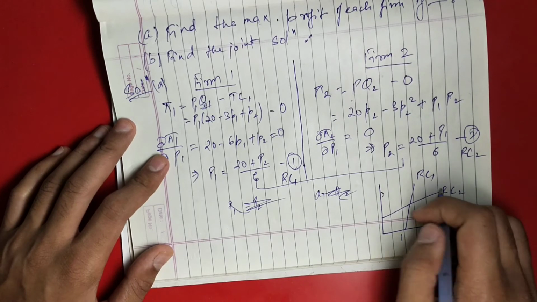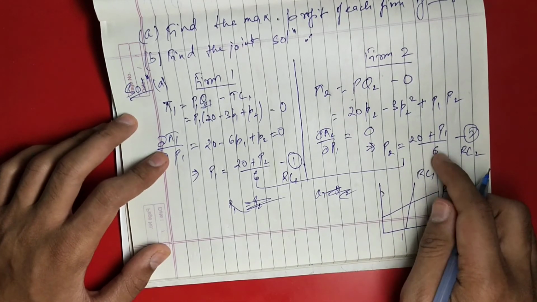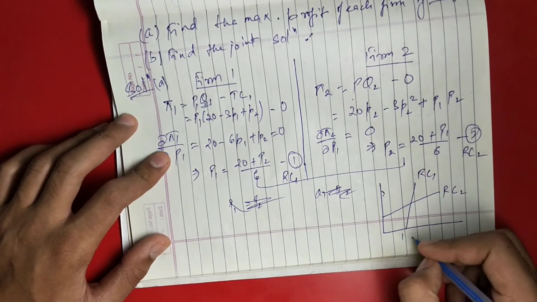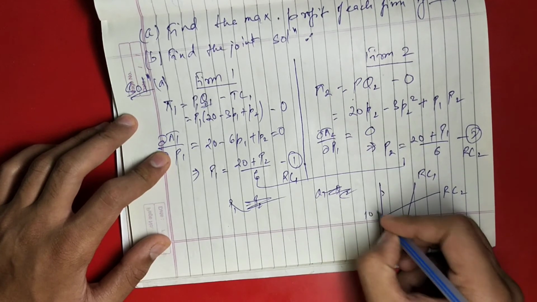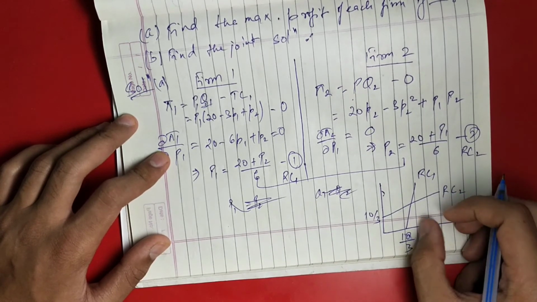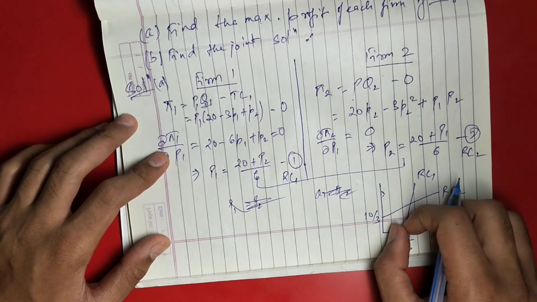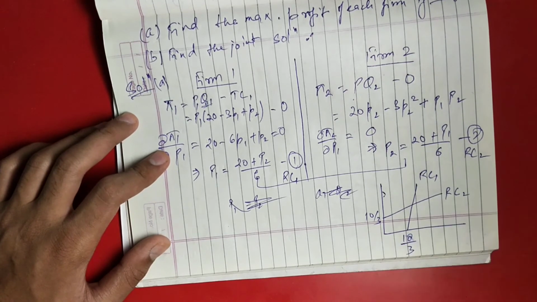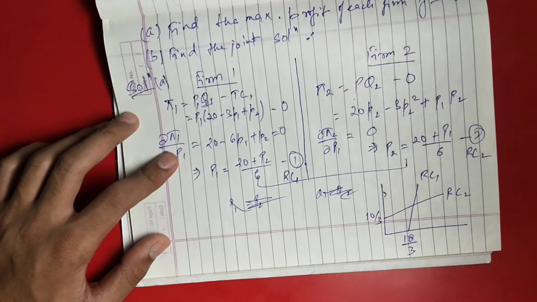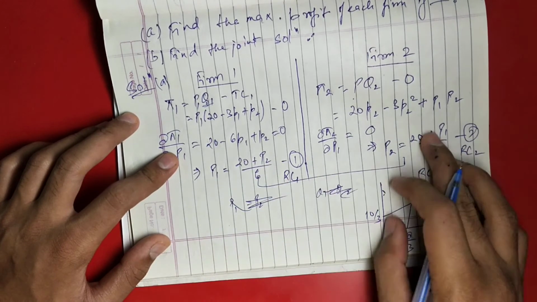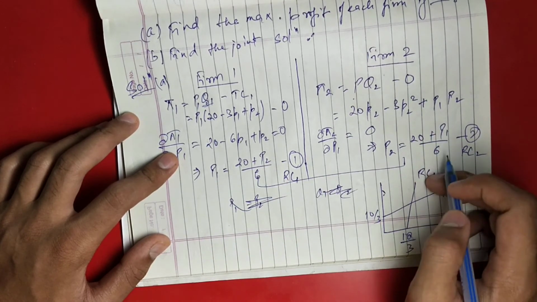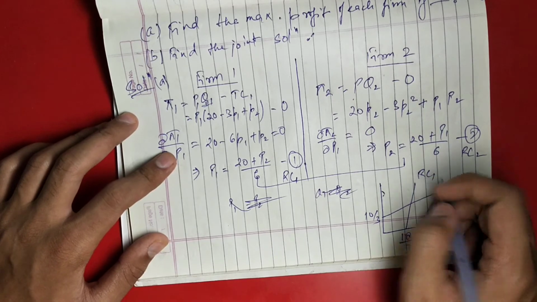You can plot it like this also. When P1 is equal to 0, it's 10 by 3 on both sides. For another point, if you write 4 here, you will get 24 by 6, which is equal to 4 again, and here also 4.